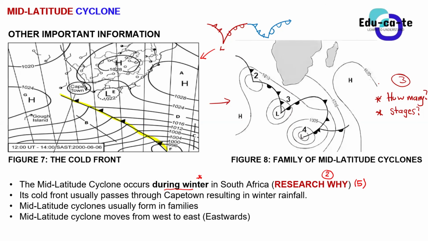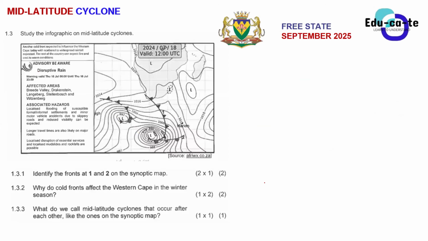Okay, sure. So task number 3, you look at figure 8 and tell how many mid-latitude cyclones you can see and identify the stage of development of each of them. And then after that, you do what? You're going to do this as the last activity, which will be activity number 5, if I'm not mistaken. So this is from Free State, September 2025.